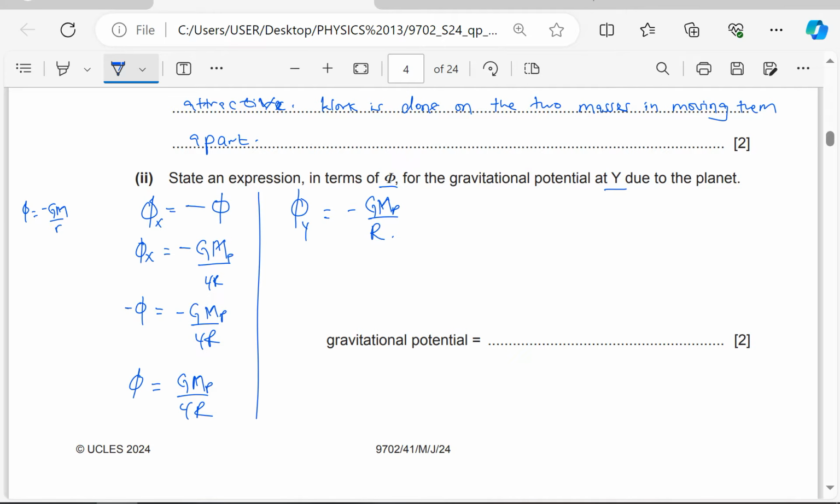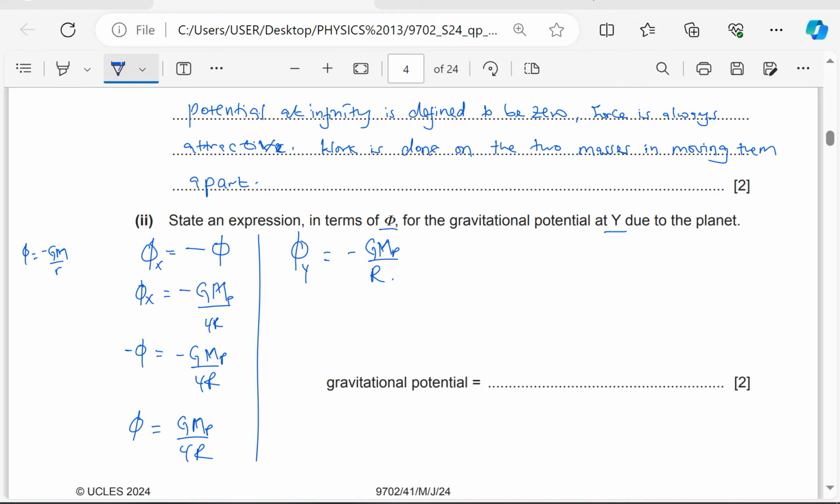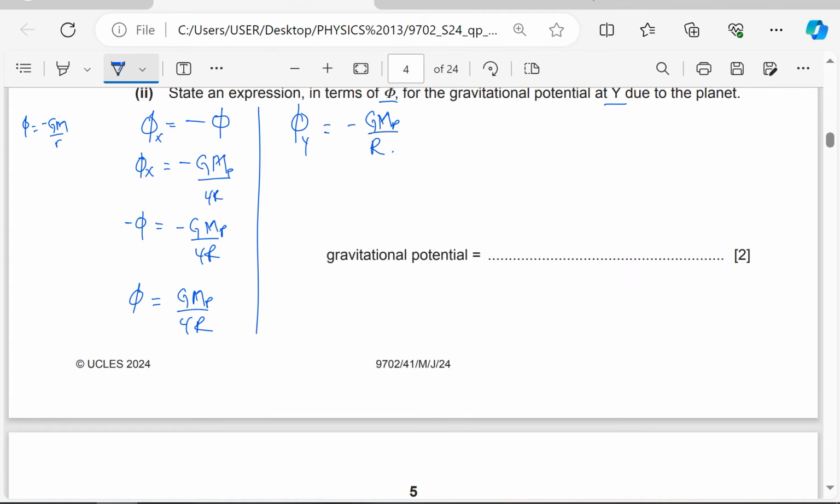So we shall combine these two equations. Remember, negative phi is going to be negative GMp over r, but if I come back here, when I take the 4 to the other side, I notice that 4 times phi is the same as GMp divided by r.